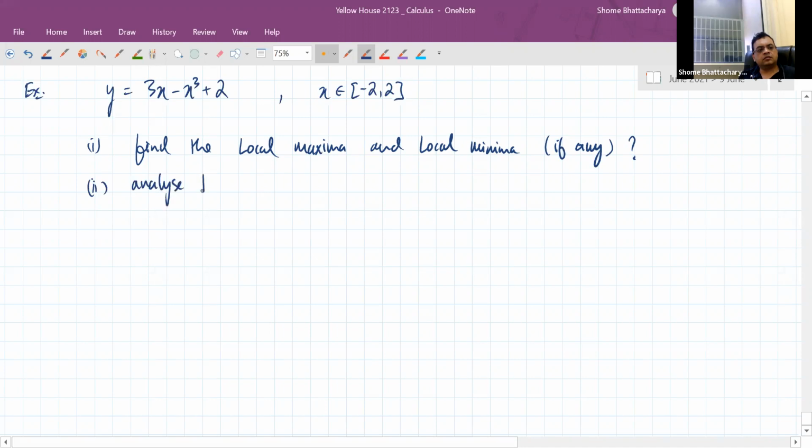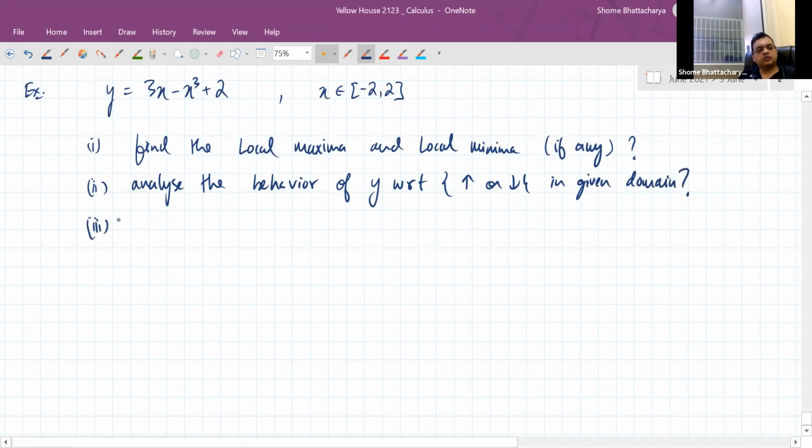Analyze the behavior of the function. That is, whether it is increasing or decreasing in the given domain. And from that, find the range and global maxima and minima.